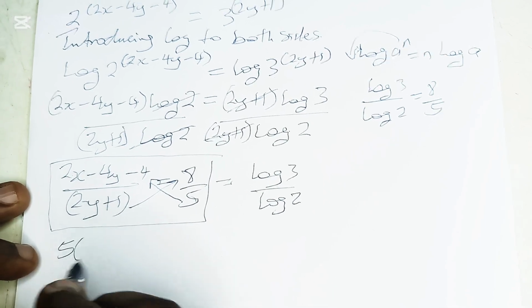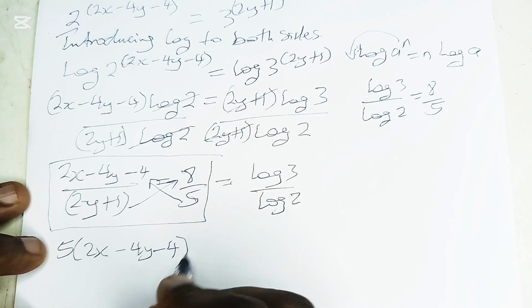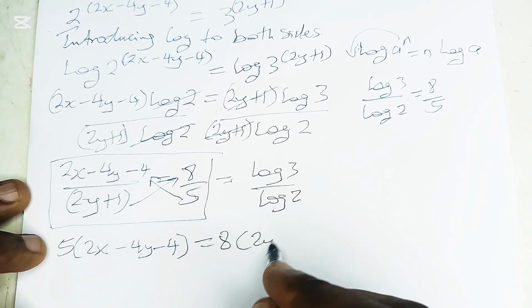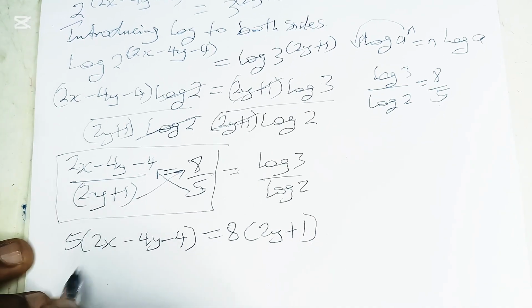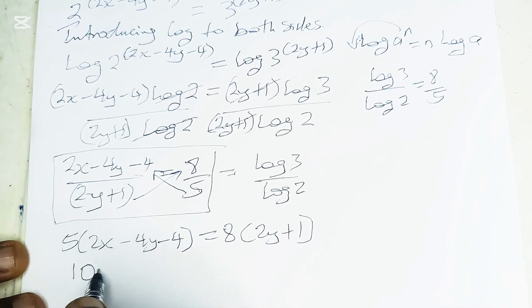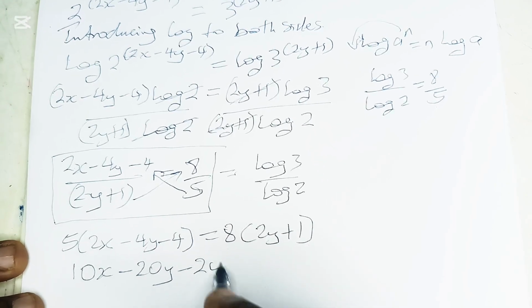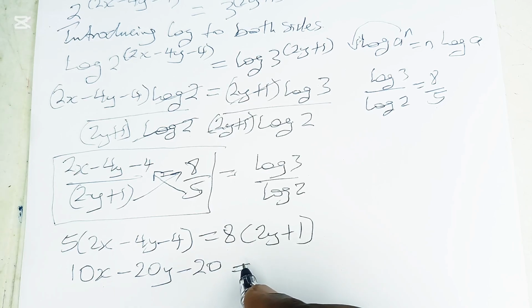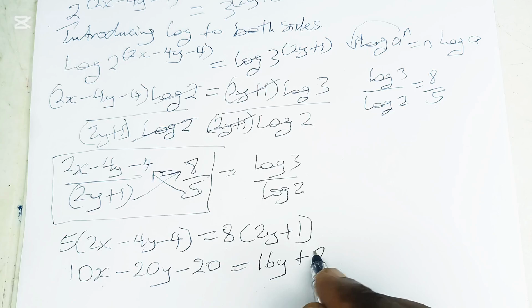So we have 5 into 2x minus 4y minus 4 is equal to 8 into 2y plus 1. 5 times 2, that gives us 10x minus 20y minus 20. To give us 8 times 2, that gives us 16y plus 8.